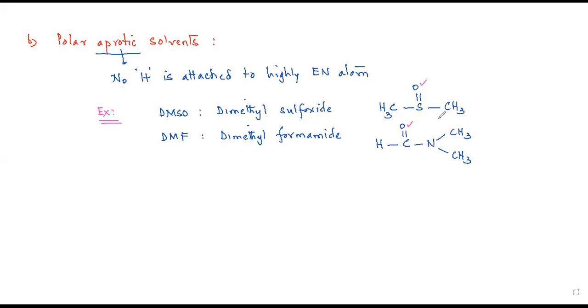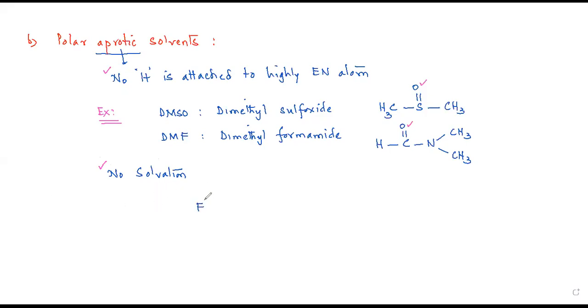So these are the examples for polar aprotic solvents. Now, when you don't have a hydrogen attached to a highly electronegative atom, there is no question of solvation, just as what we have seen in polar protic solvents. You don't have any solvation, no hydrogen bonding.